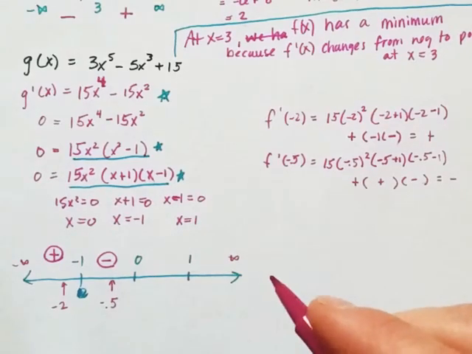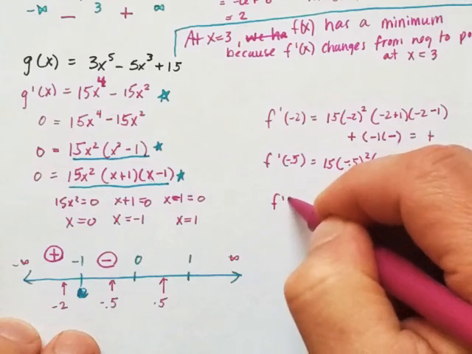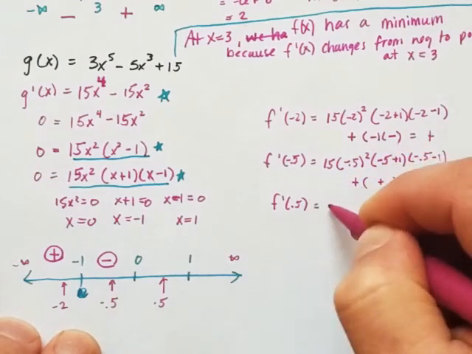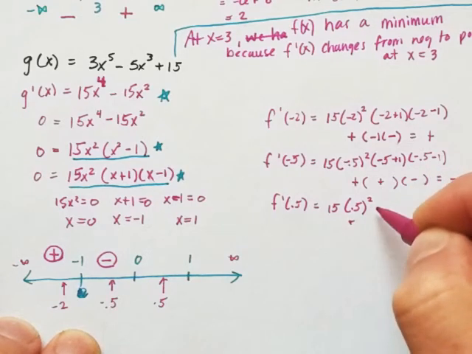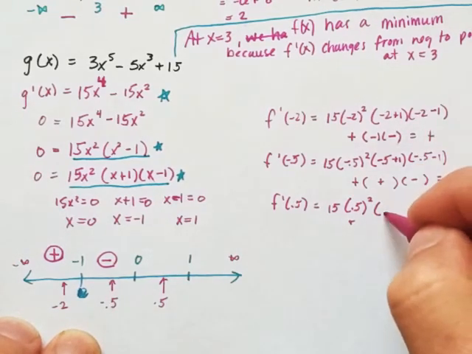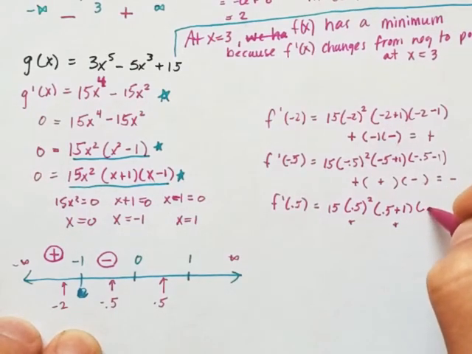And now I'm going to do the same thing with a positive 0.5 and find the slope there. So find the slope at 0.5, and I'm going to do this one really quickly. Let's see, a positive times a positive is a positive, so that's all going to be positive there. 0.5 plus 1, that's going to be positive there, and 0.5 minus 1, that's going to be negative there. So that one's going to stay negative.